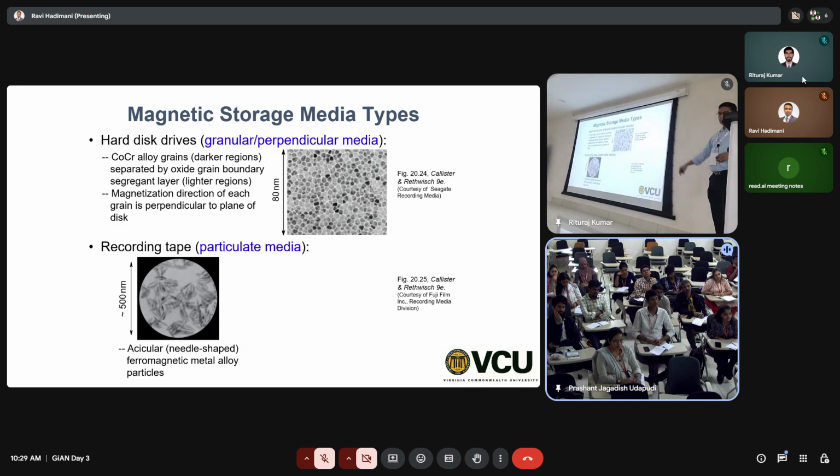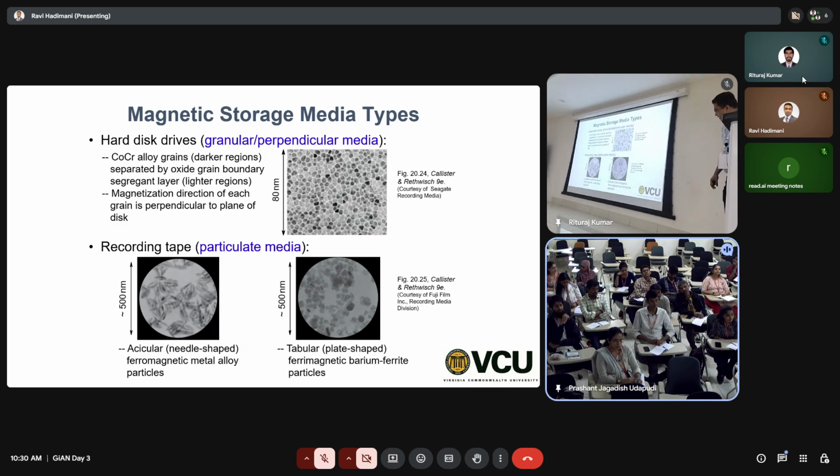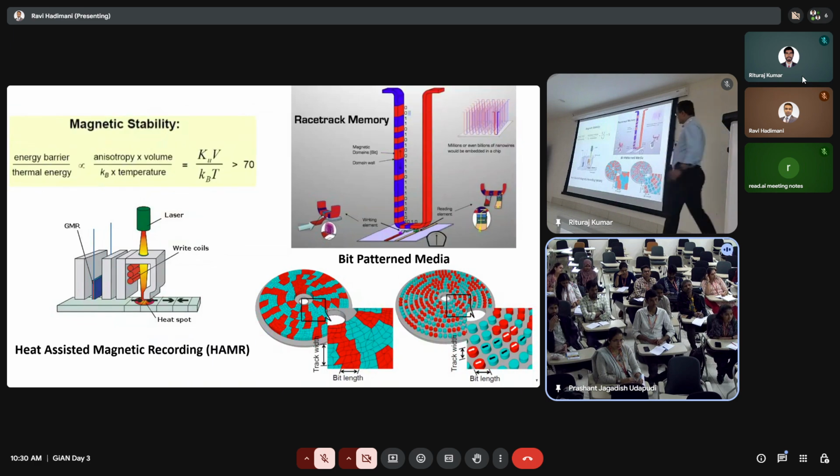So those are slightly bigger, and you again magnetize a certain group of needles to record either 1 or 0. Similarly, other media, I think this is tape as well. Tapes, depending on how you deposit, either screen print it or spray it, you get different microstructure.